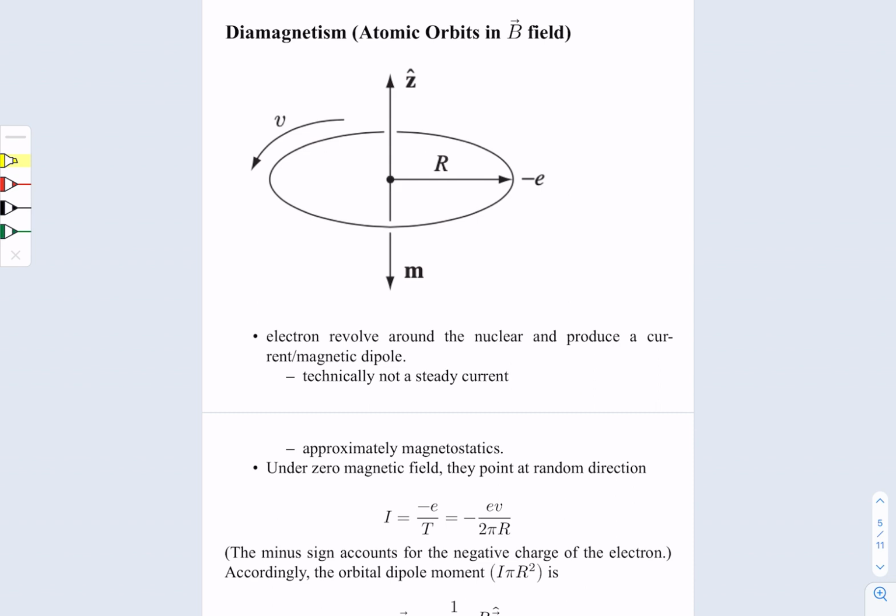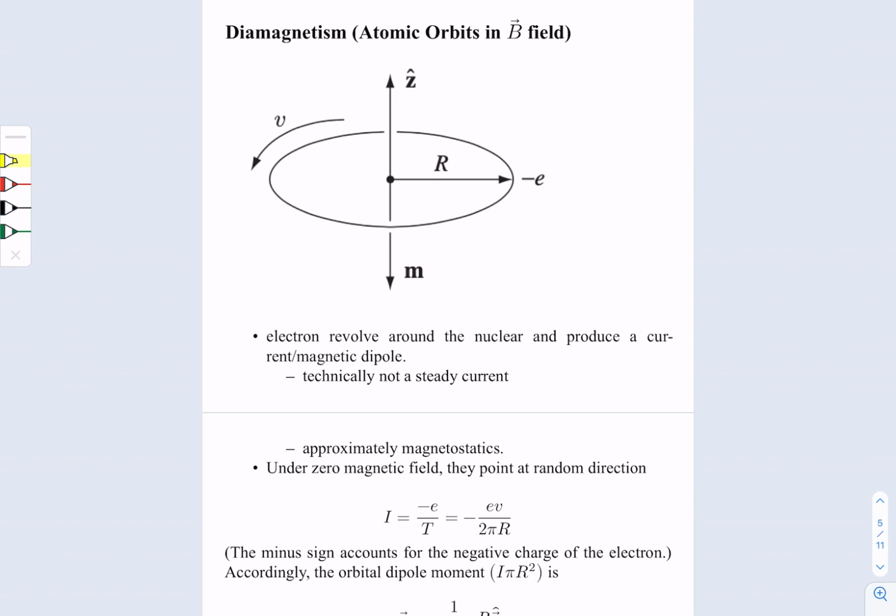So imagine that this is the orbit of the electron. Inside here there is a nucleus, and this orbit is actually huge compared to the orbit of an electron rotating along its own axis.